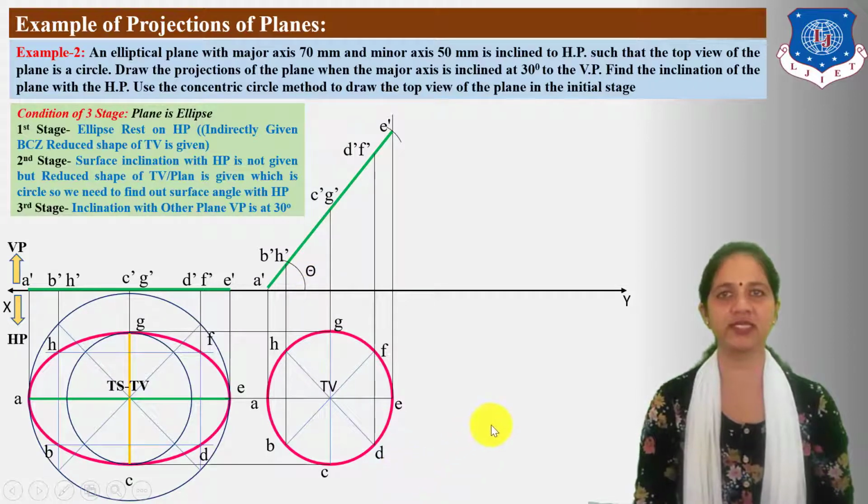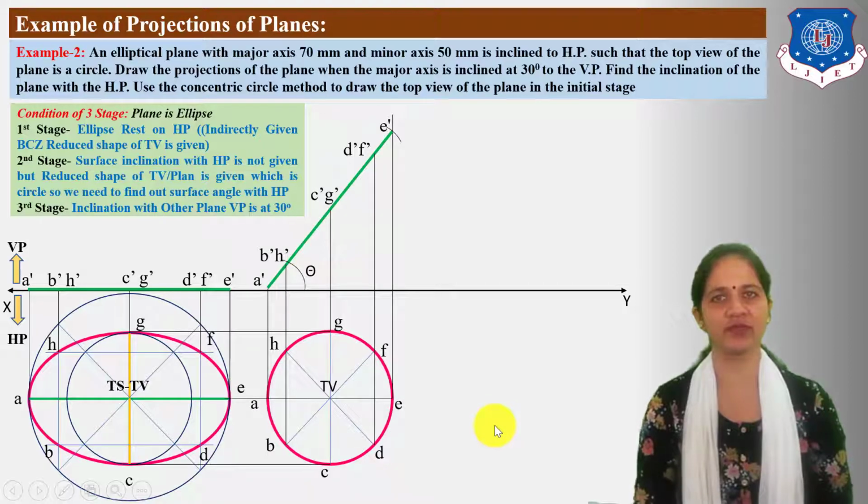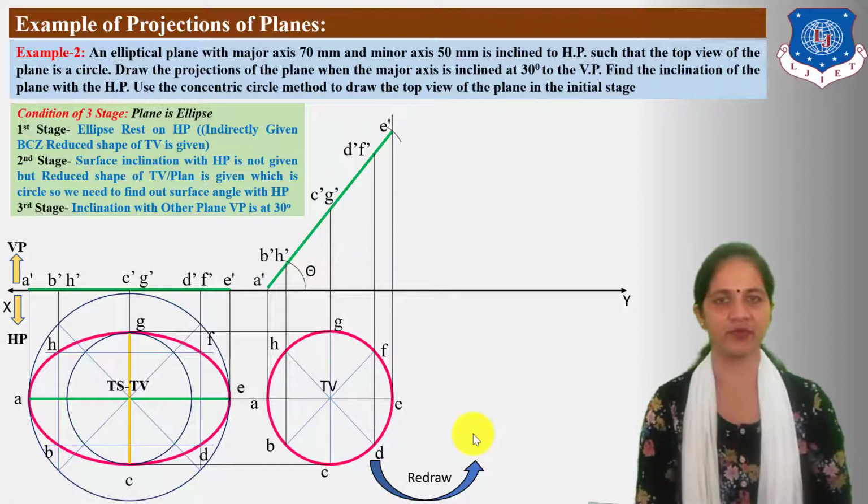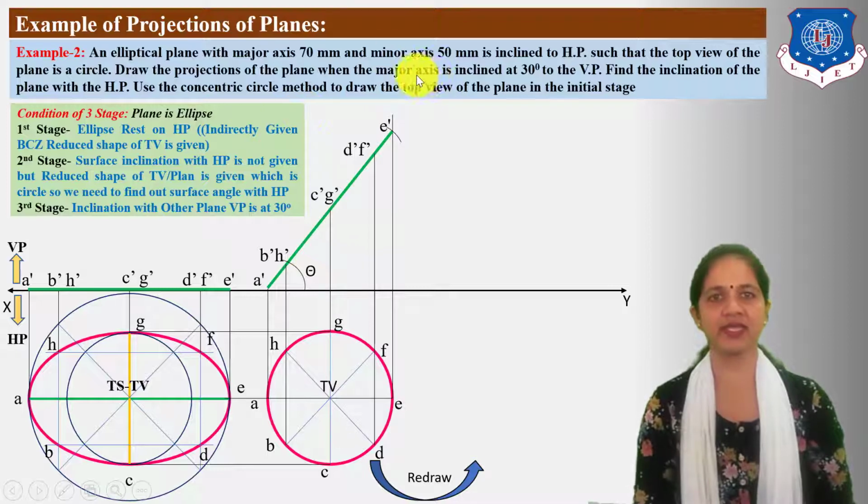Next, draw the third stage top view and front view. In the third stage, we need to take the apparent angle condition with VP. So redraw the second stage top view as per the given angle condition with VP. Here, the major axis is inclined at 30 degrees to the VP. Now, the length of the major axis in reduced shape is less than the length of the major axis in true shape.